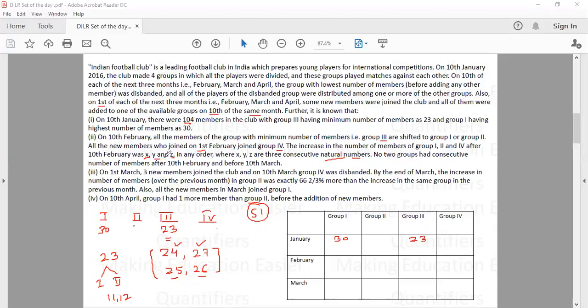And since it's written that all the new members who joined on 1st Feb joined group number 4, if 11 and 12 members are joining group 1 and 2, that means group number 4 should have either 13 members in order to get consecutive numbers, or it should have 10 members. So group 4 either has 10 members or 13 members, right? So the new members who joined in February and joined group number 4 are either 13 in number or 10 in number.